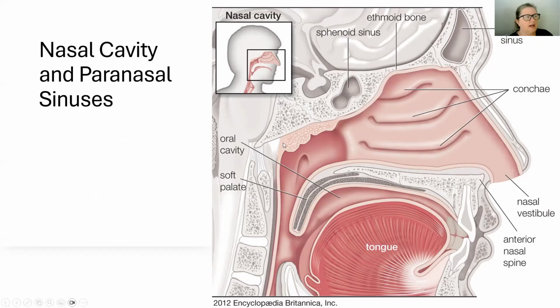You have the conchae, and these are divided into superior, middle, and inferior. You have the sphenoid sinus here, the frontal sinus here, and then just to make clear where everything is, here's where your oral cavity is, your mouth. And then, of course, the soft palate and the hard palate that divide the oral cavity and the nasal cavity from one another.